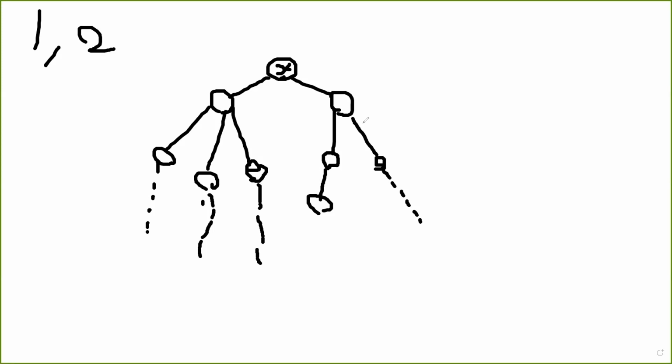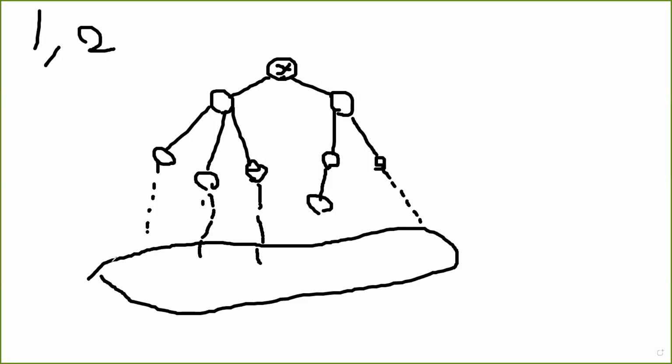At the first turn, no one can remove X because X is not a leaf, and you only have leaves that someone can remove, right? What's the leaf that the first player will choose?